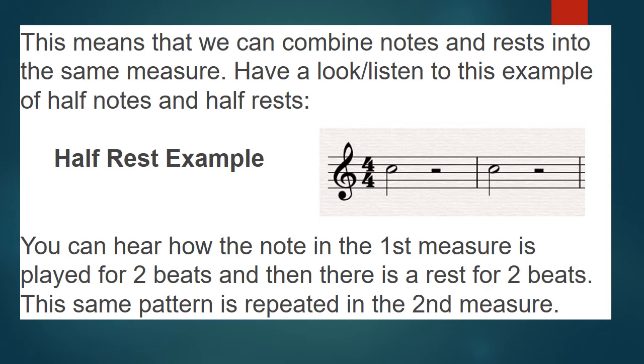Have a look and listen to this example of half notes and half rests. You can hear how the note in the first measure is played for 2 beats, and then there is a rest for 2 beats. This same pattern is repeated in the second measure.